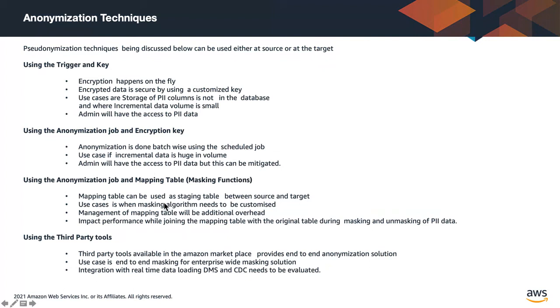So this will put some burden on the source and the target. But if you want a customized algorithm, for example replacing name with name only, without using encryption values, then you can write your own function and use this mapping table option.